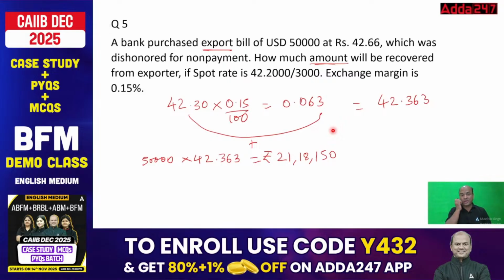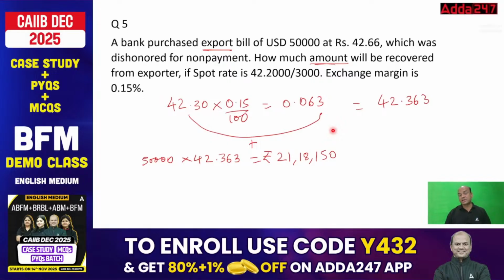See, what you have to do is, 42.66 was the rate used at the time of giving, and TT margin 0.15%. But it was an export at that time. Export means buy. It means you will be subtracting the TT margin.